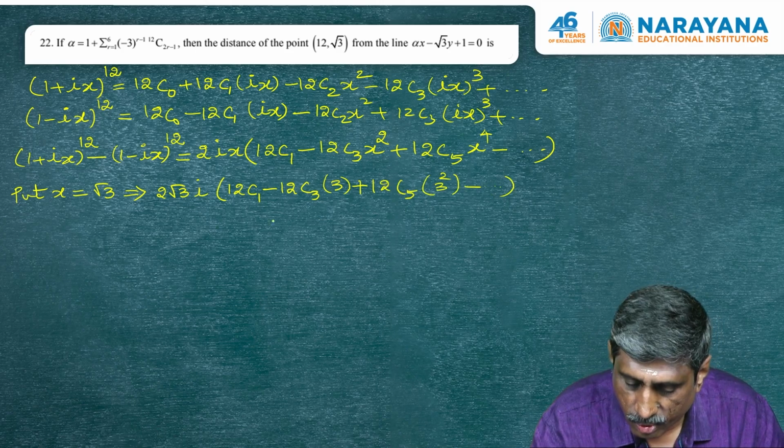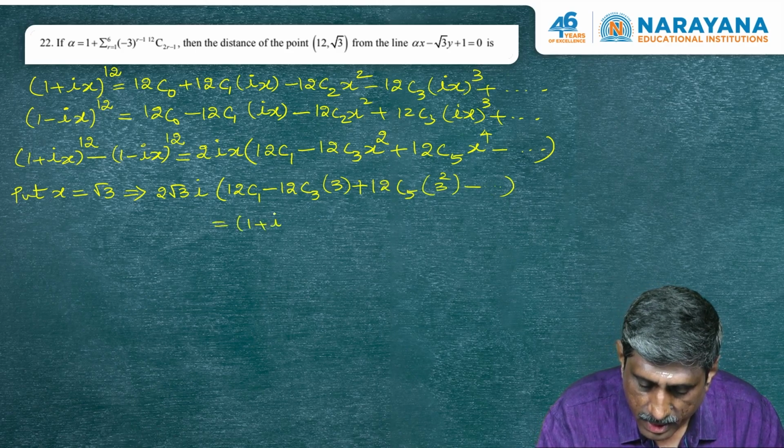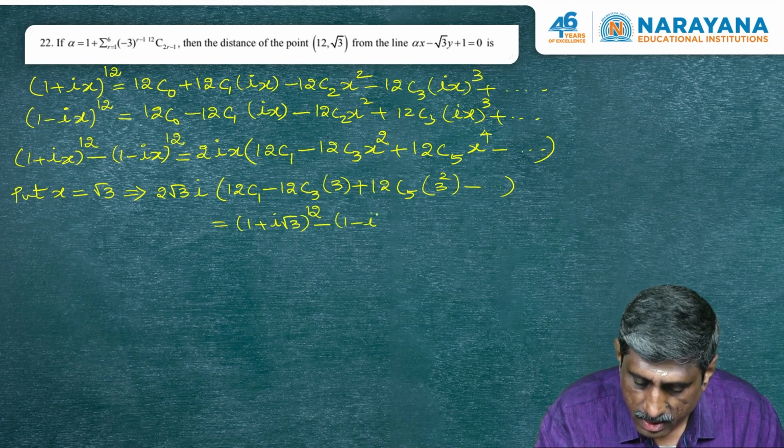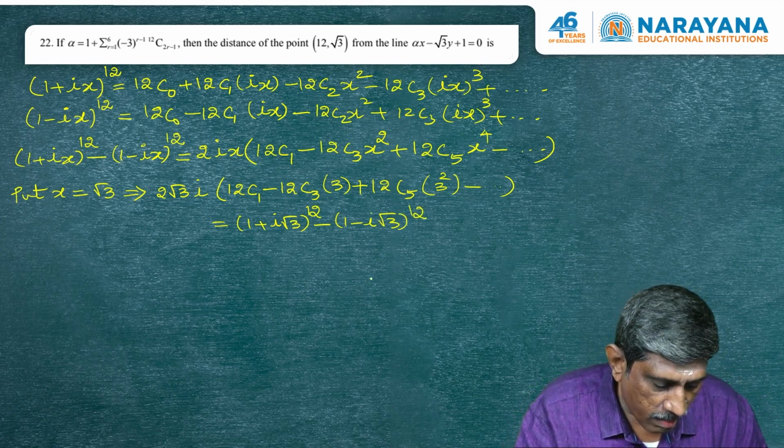This is equal to 1 plus i root 3 whole to the power of 12 minus 1 minus i root 3 whole to the power of 12.